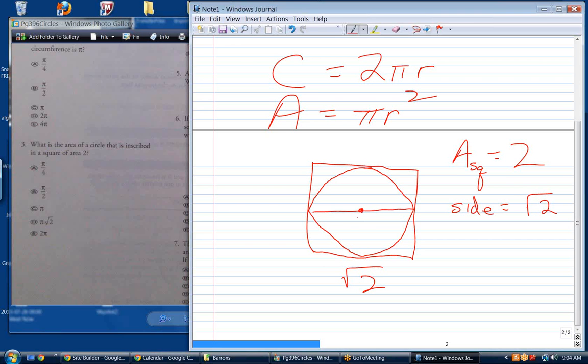So the diameter is the square root of 2, which means the radius would be the square root of 2 divided by 2. So it would be pi r squared.